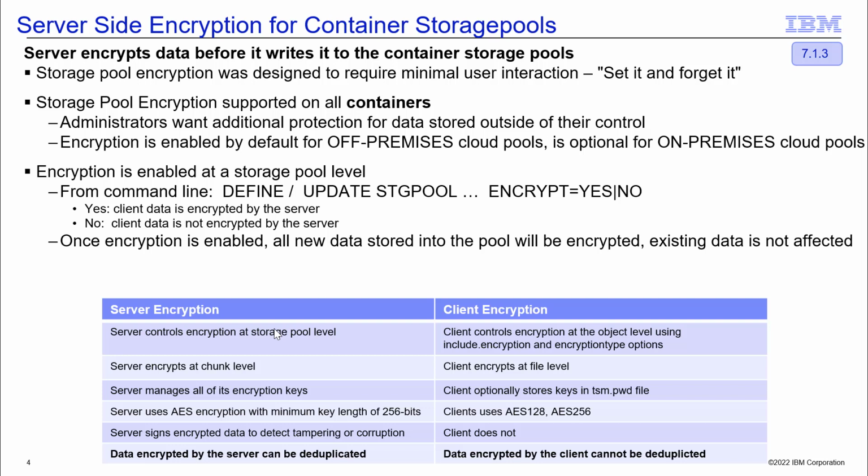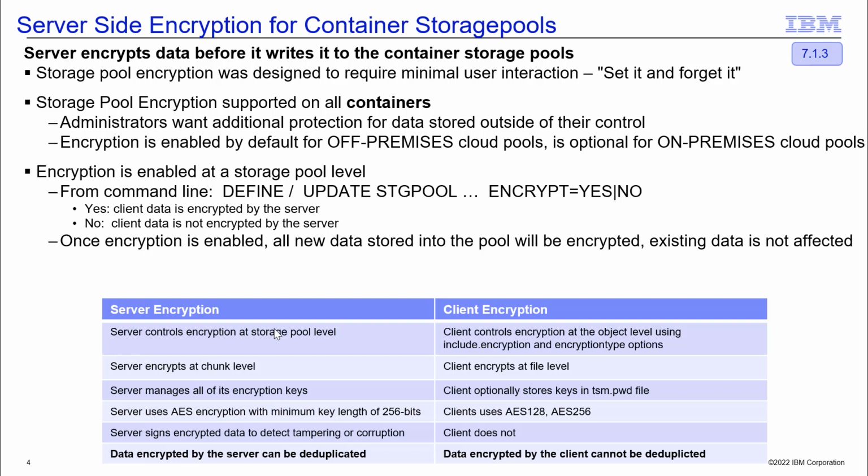For directory container storage pools and on-premises cloud container storage pools, the default for encryption is no. But for your cloud storage pools off-premises, that is set to yes by default. Encryption is enabled at the storage pool level.